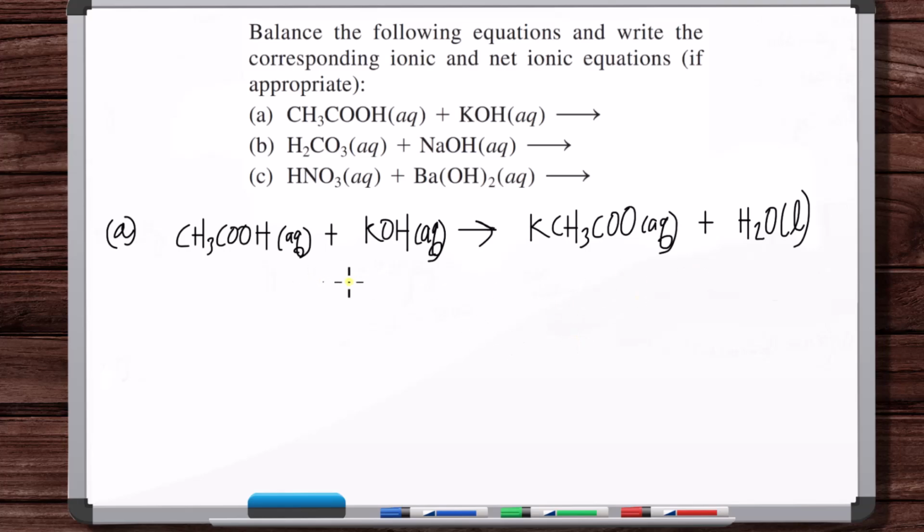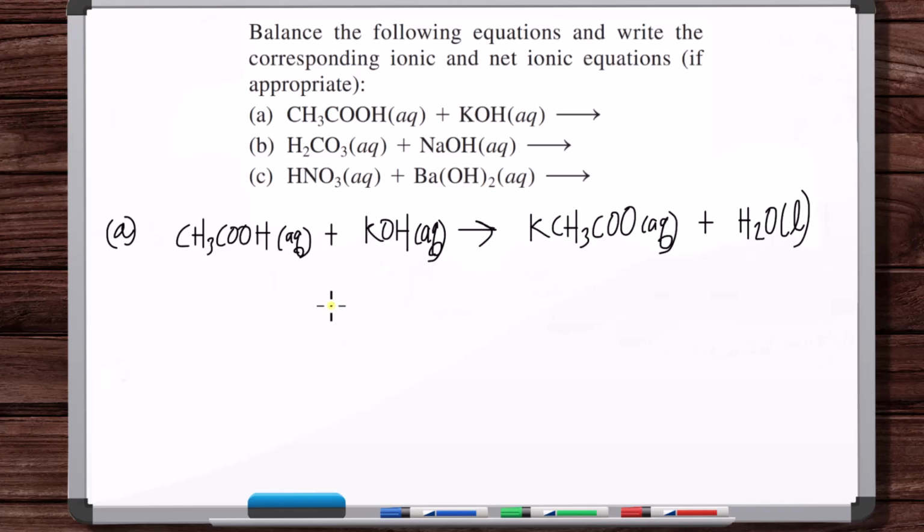Okay, but we're not done. We need to balance this, right? So we've got one CH3COO on the left and right. We have one potassium on the left and right. And let's see. I can group the CH3COOs together like that.